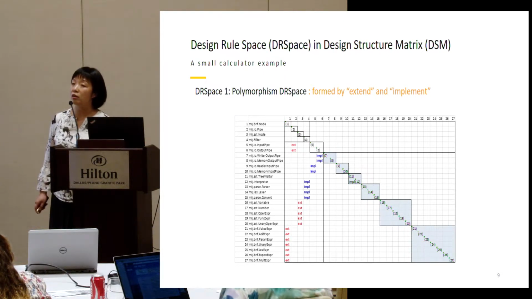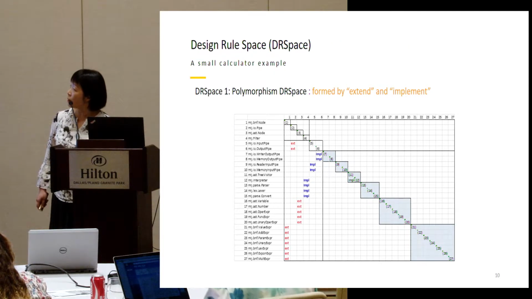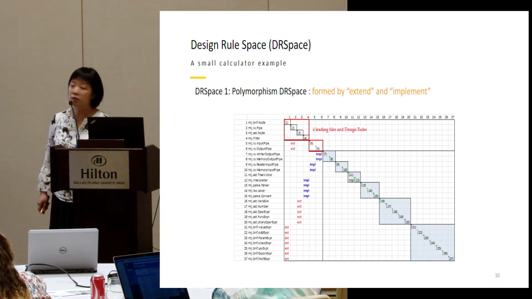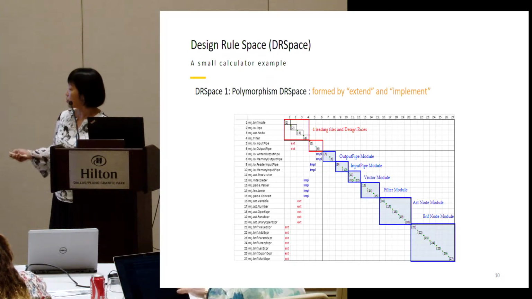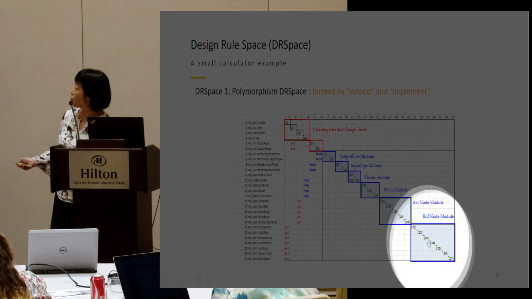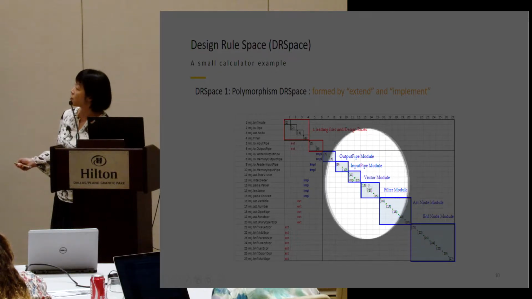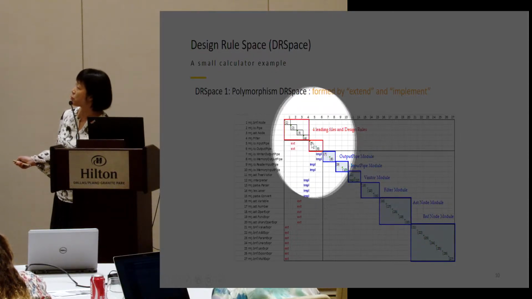The small calculator applied multiple patterns in its source code. And just looking at this polymorphism design space, we can clearly see very distinguishable modules. For example, here we have a BNF module because it's a parser, an AST module, a visitor module, a filter module.